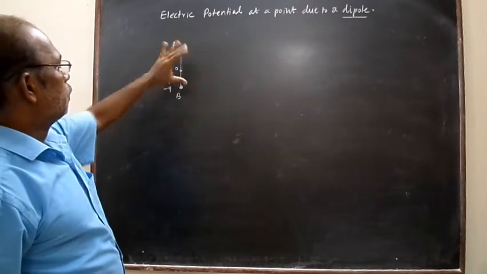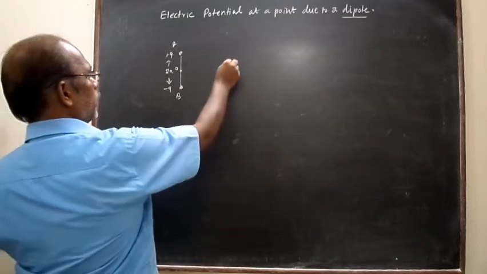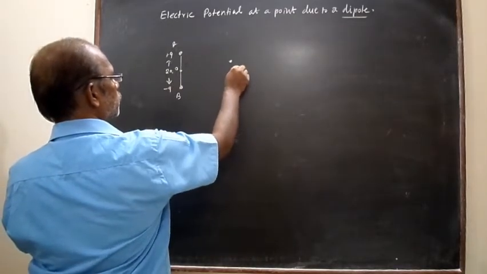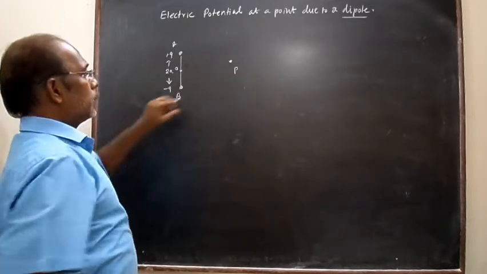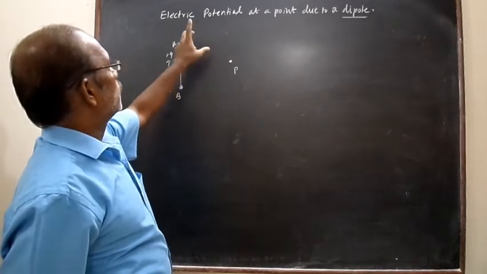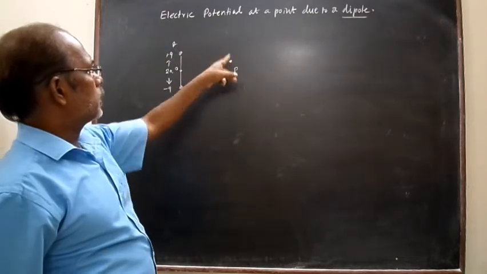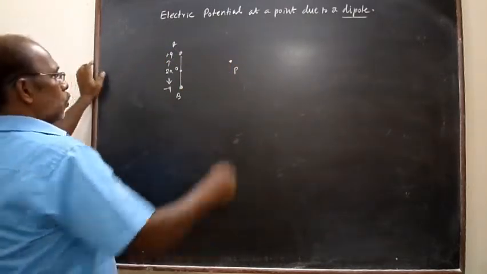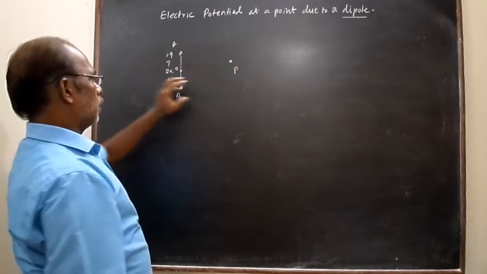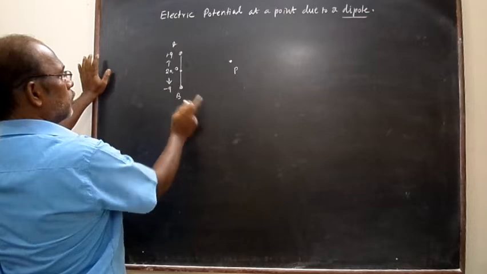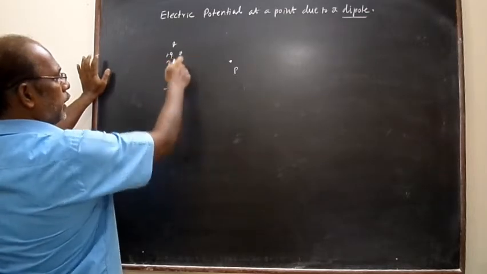With respect to the dipole, we can take one arbitrary point P. We are interested in finding the electric potential due to the dipole at this point. What is the position vector of the point P with respect to the geometric center of the dipole?